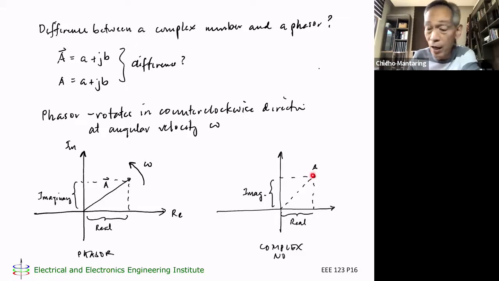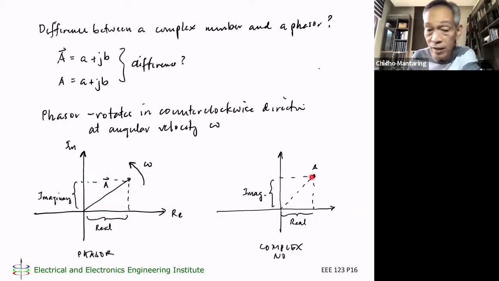It does not move. So when we look at the real part, imagine this rotating. Its real component starts here and will be going this way, and the imaginary component will be going this way.